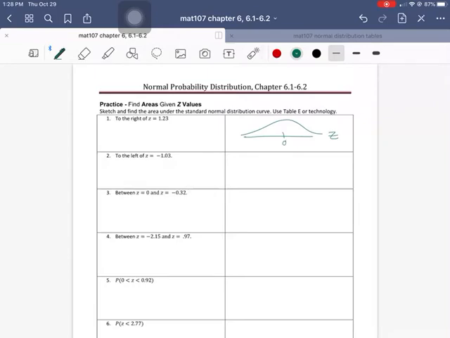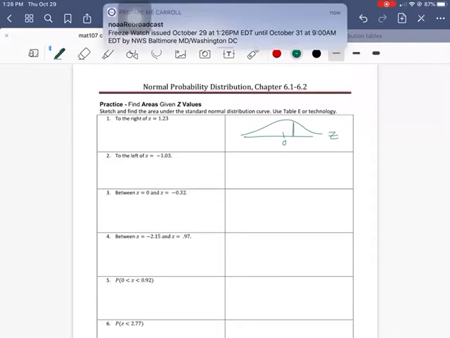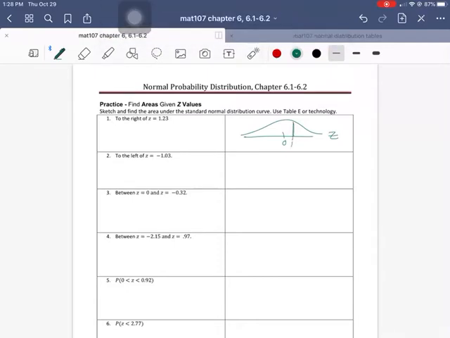This one says to the right of 1.23. So to the right. So let's say this is 1.23. To the right would be this way. Okay, that means I'm going to look up in a positive table 1.23, and then I'm going to subtract because it's going to give me the number that goes here.